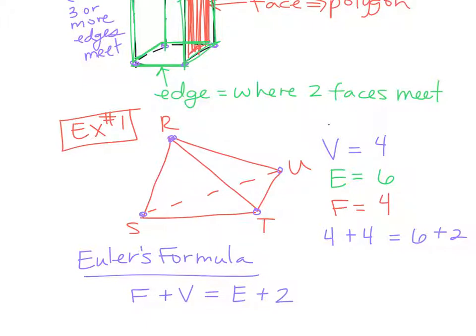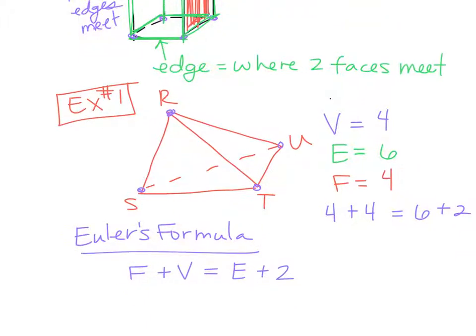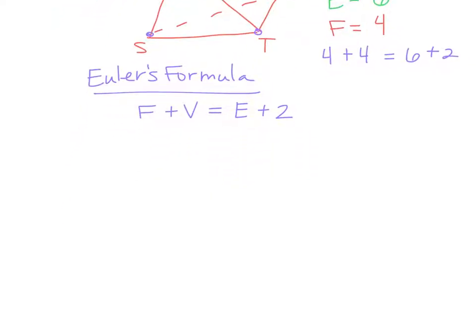So we are going to do one more of these and check it with Euler's formula. And bear with me, because my drawing of this one is always a little bit off, but we'll get the point across at least.